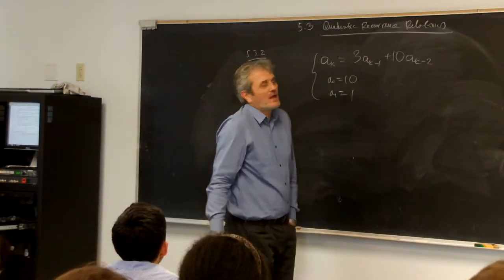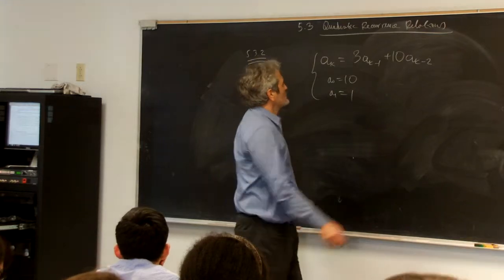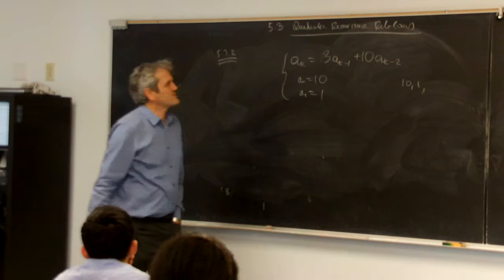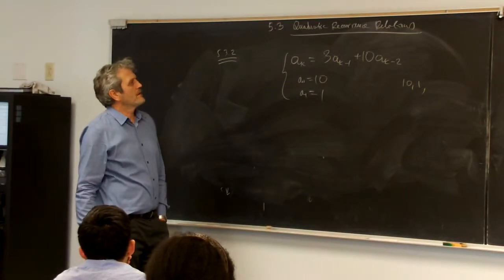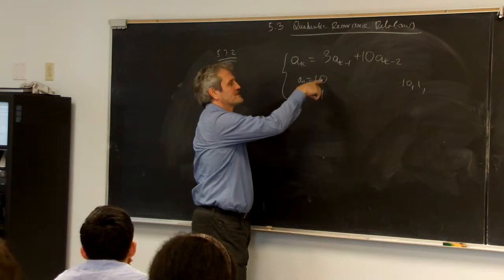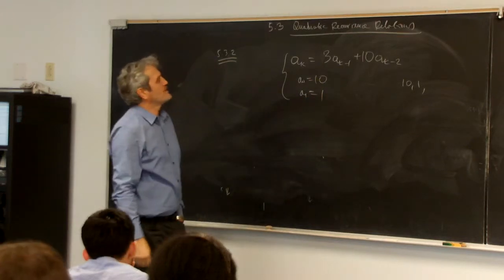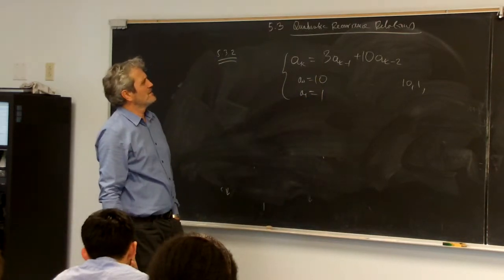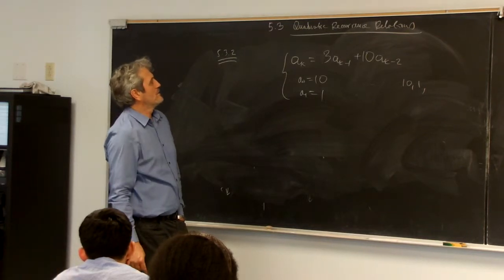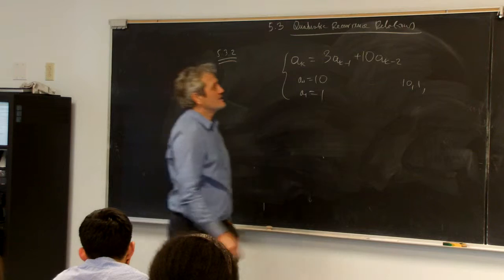So if you want to apply it, it's not a big deal. So I start with 10. Next one is 1. What's the next one? 3 times the closer one plus 10 times the one that's further away. So what would it be? 103, very good.